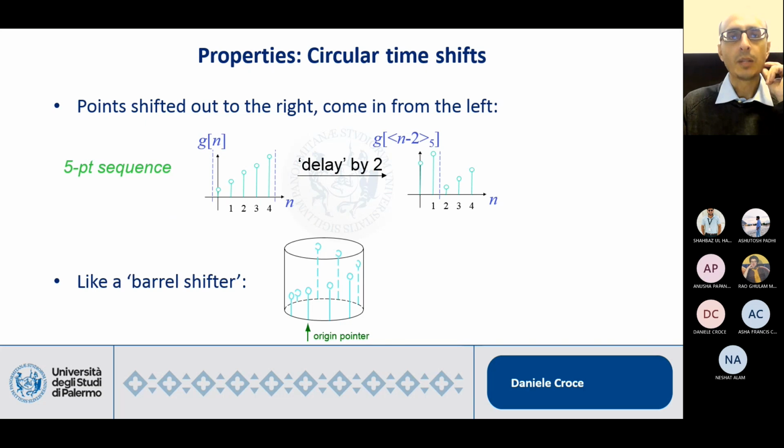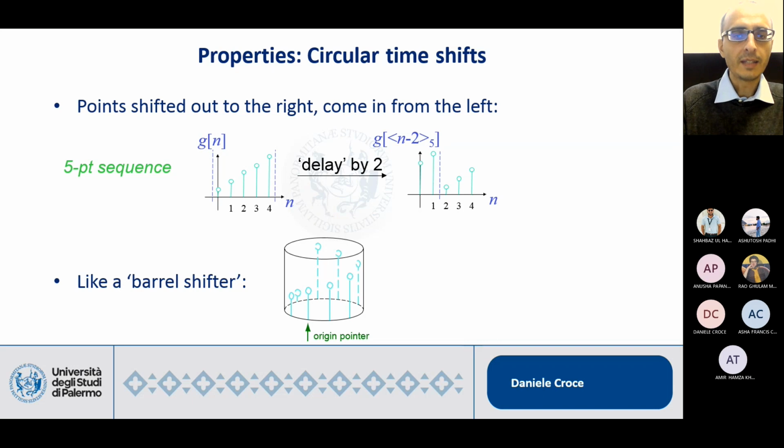So incidentally, I want to talk about circular time shifts, which is something that I just showed now. When you have a 5-point sequence and you are shifting by 2 points, when you have a delay by 2, the last 2 points go out from the right and come back in from the left.